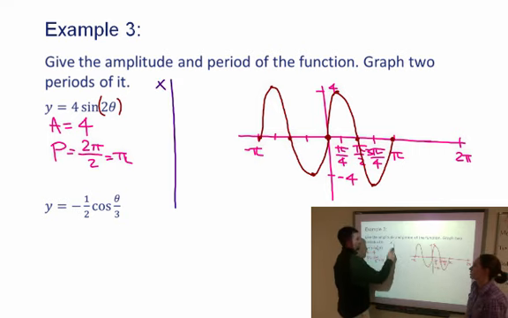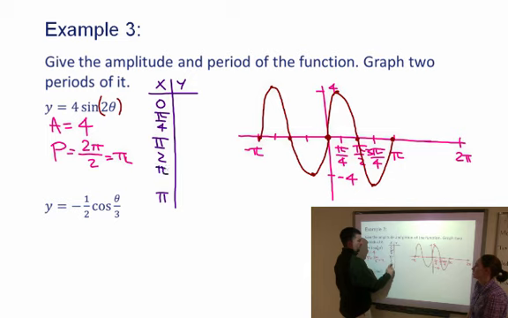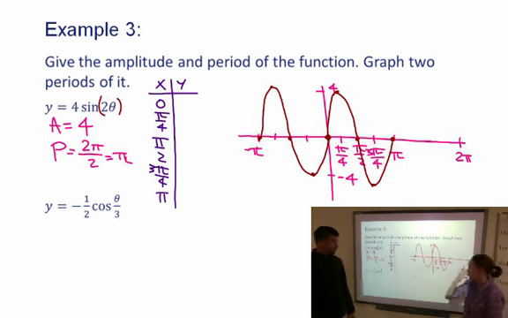I was just going to write down, if you need to see this part, what my x's and y's were. We actually went 0, and then we went all the way to pi, and then I cut that in half, made it pi over 2, and then I cut that in half. So if you were using a table of values, those would be the best numbers.